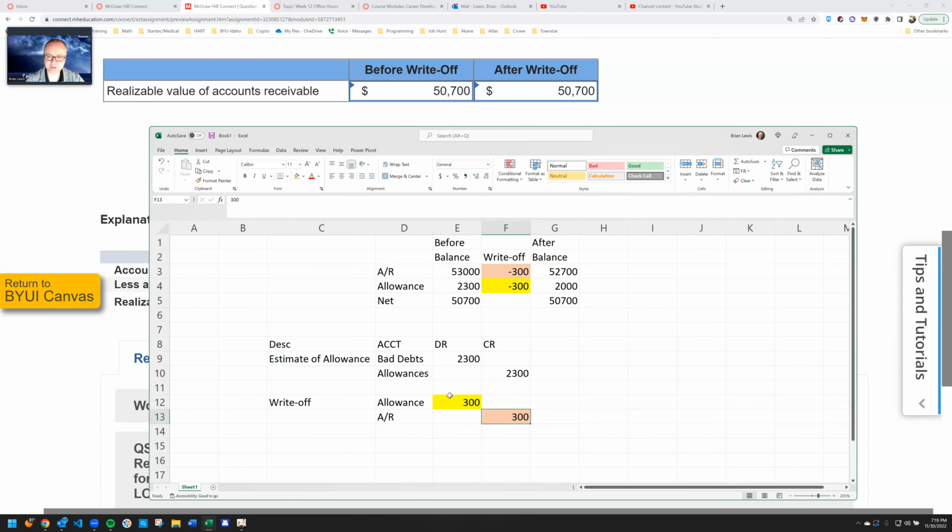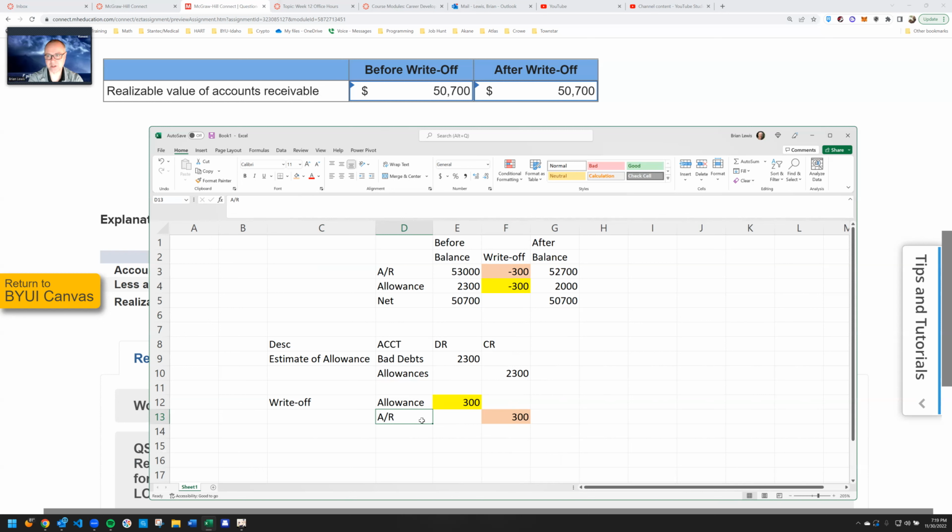And the reason why they're reducing them is because of how these accounts work. This is a normal credit balance, a contra account, and AR is a normal debit balance type of account, an asset account. All right, that was my one tricky one that I've had a hard time getting in my brain.